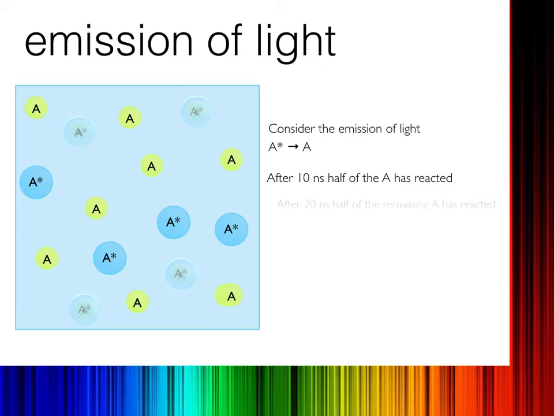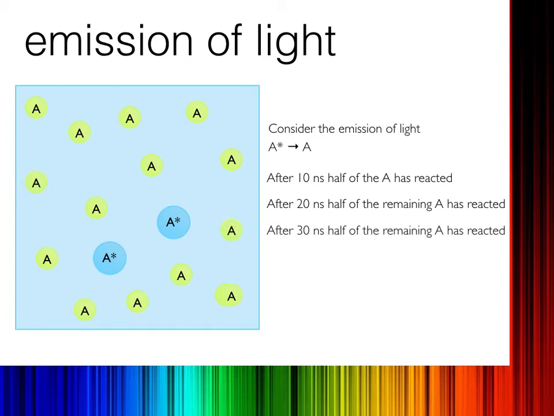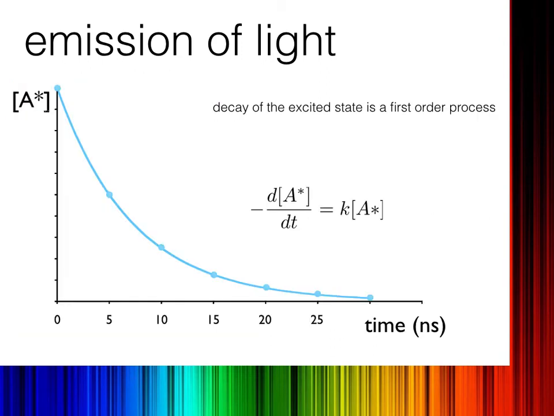And so after 20 seconds, I lose half of what remains. And after 30 nanoseconds, I remove half again until I just keep on losing half. I can show this in terms of a quick plot of how much excited state remains, and we can see that this will fit to exactly the same kinetics as you're going to get out of any other first order process.